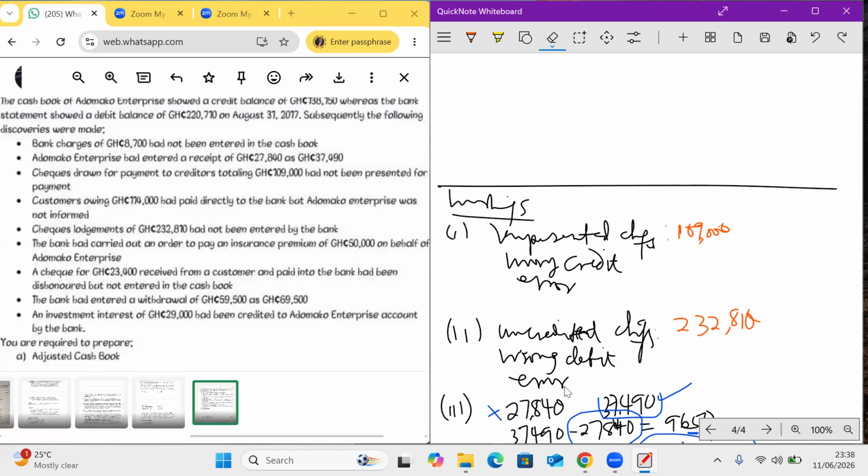Is it an error under unpresented checks or an error under uncredited? Error under uncredited. Why? Because the bank credited. Because it was corrected by crediting. That's what I wanted.